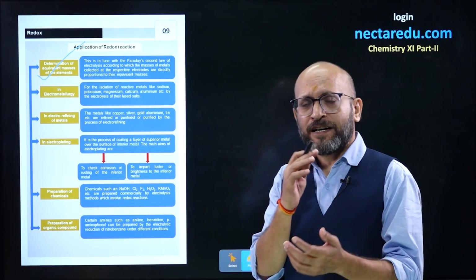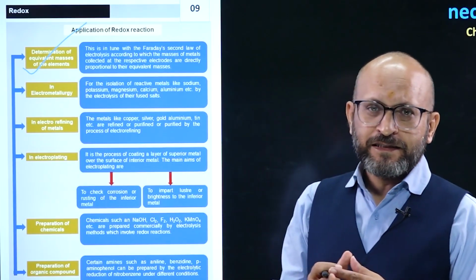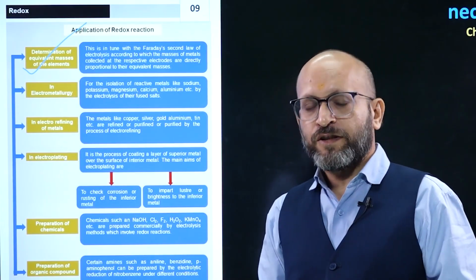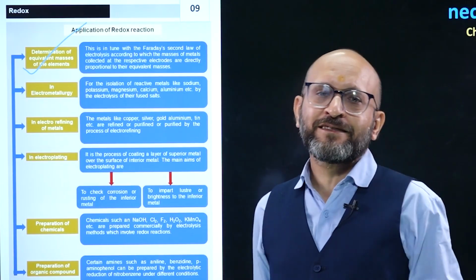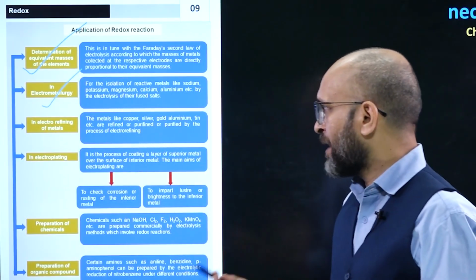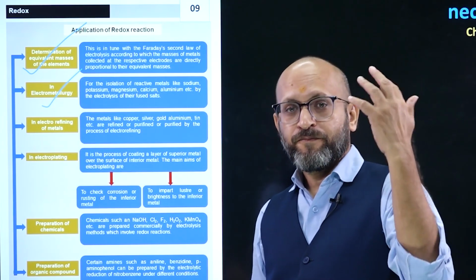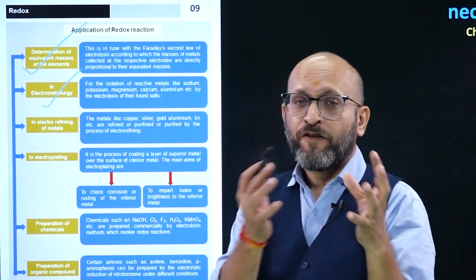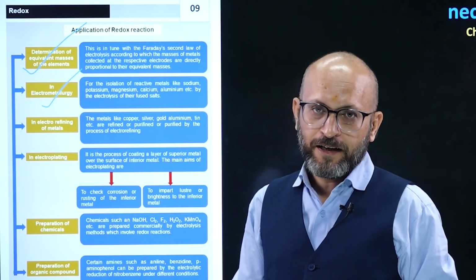Secondly, in chemical industries, in refining, separation and extraction of metals, we do the electrolysis process. And in electrolysis, the phenomenon happening is a redox reaction. Alright. So redox reactions are very important in electrometallurgy. Electrometallurgy is basically extraction of metal from the source in a convenient and economical method.